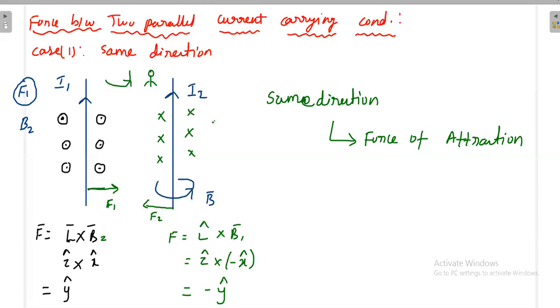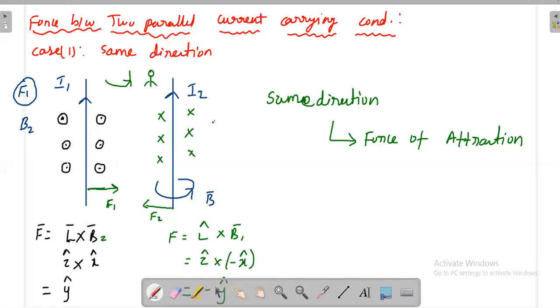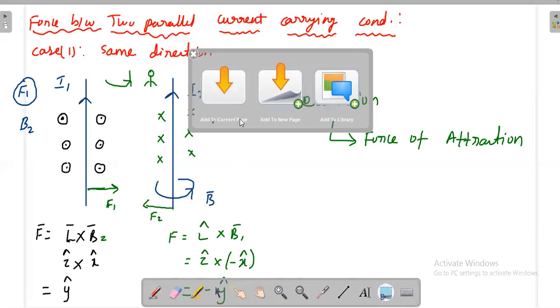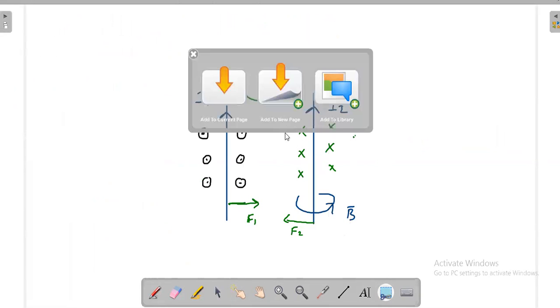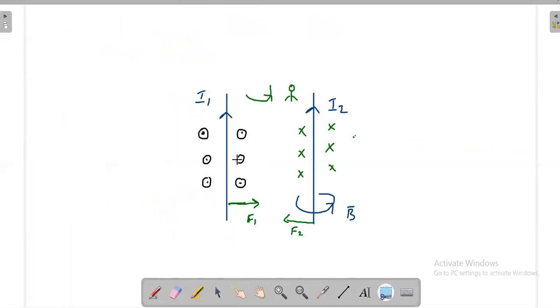Okay, that is case 2 actually. Now I am going to analyze case 2.